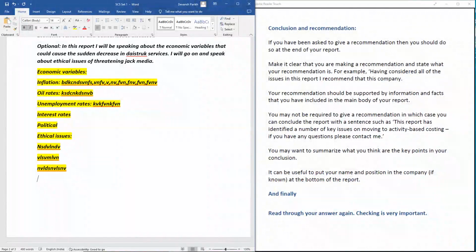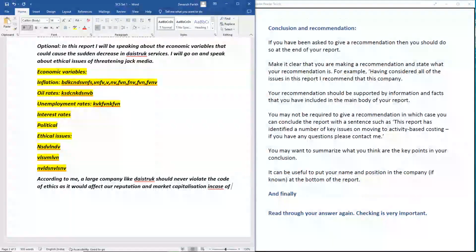So after you write your ethical issues, 5-6 ethical issues that are needed, you can end your answer by saying, according to me, a large company like Daystruck should never violate the code of ethics, as it would affect our reputation and market capitalization in case of negative reviews.